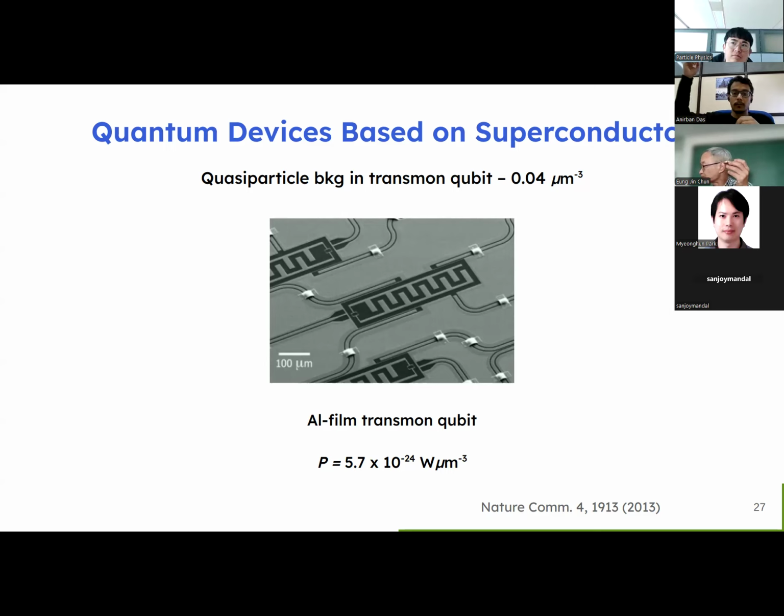Because once in a while, one of these muons from the upper atmosphere will come and deposit energy, and that will break the coherence. So in all of these qubit experiments, they will see at regular intervals a loss of coherence in the whole qubit chip.